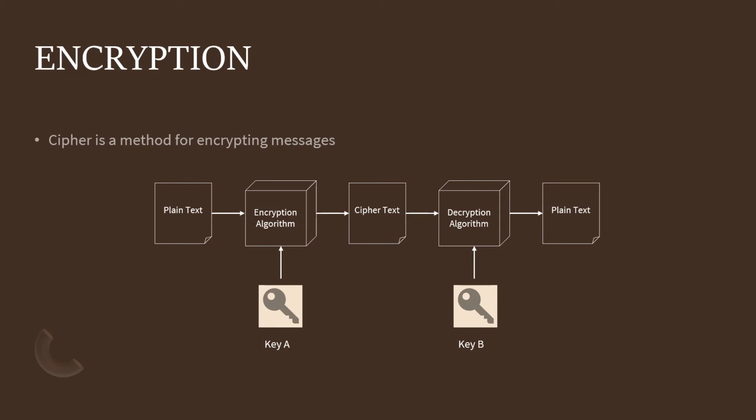Encryption algorithms are standardized and published, therefore they are reviewed and compared to other algorithms. The key, which is the input to the algorithm, is secret. The key can be a string of numbers or characters. If the same key is used for encryption and decryption, the algorithm is called symmetric. And if different keys are used for encryption and decryption, the algorithm is called asymmetric.